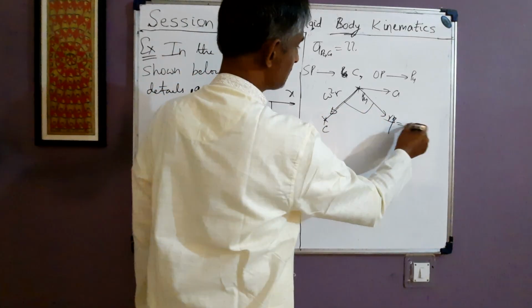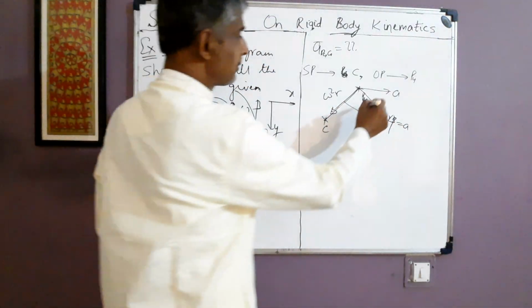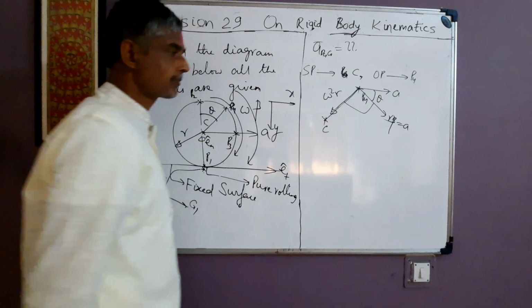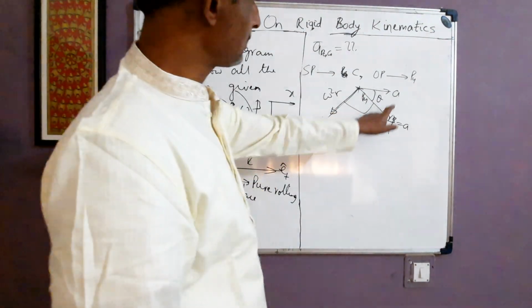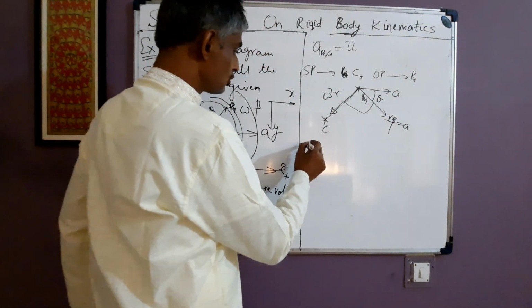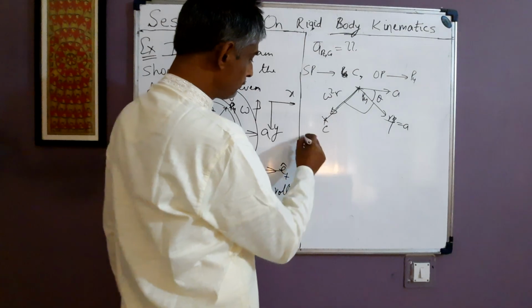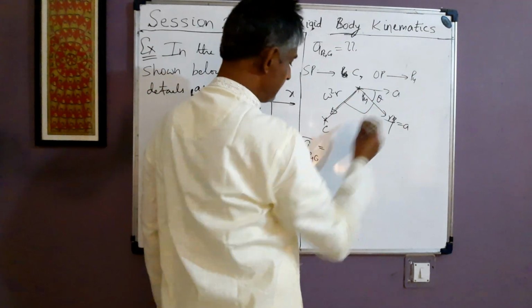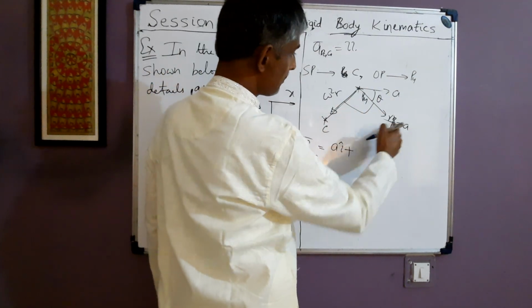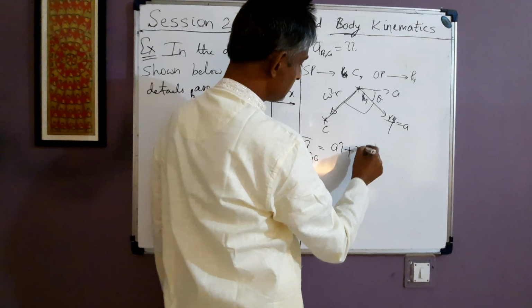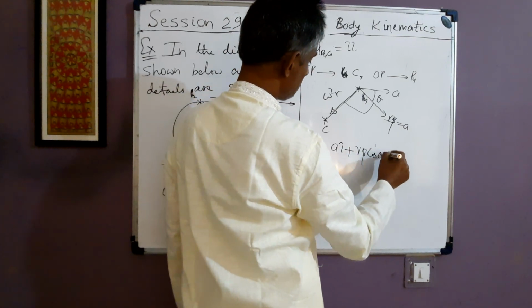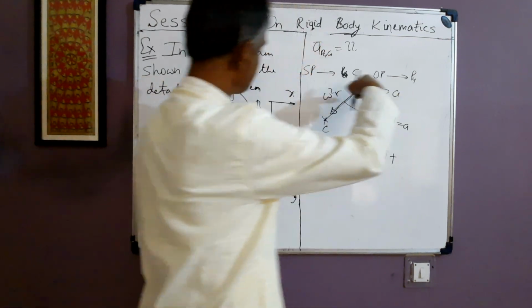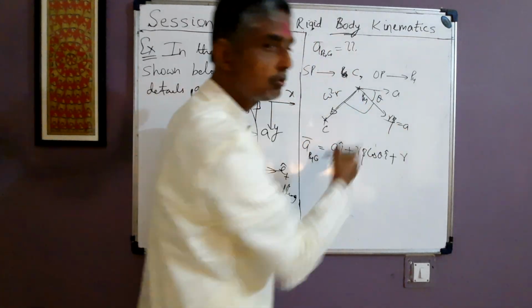This one is simply A. By geometry, this angle is also theta. Now acceleration of P4 is the vector sum of this, this and this. So acceleration of P4 in ground frame becomes A i hat plus this one, R beta cos theta plus R beta sin theta j hat, resolving into components.